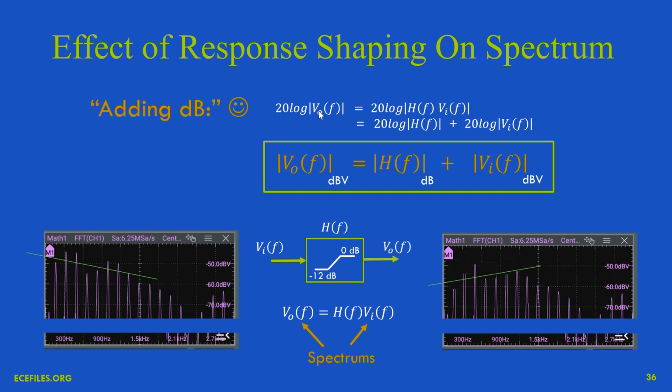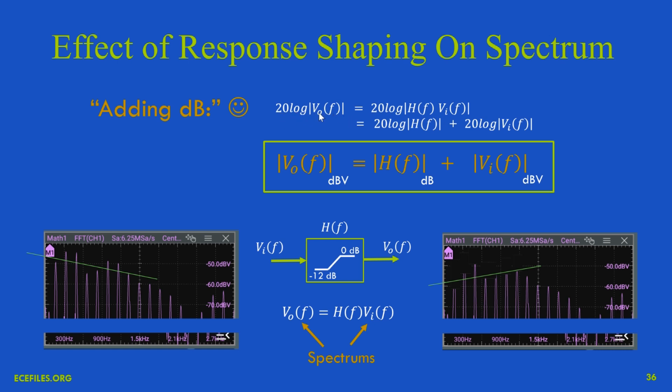Remember that the output spectrum, V out of F, is equal to the transfer function times V in of F. But if we put those things in the dB domain, since they're voltages, we take 20 log of the magnitudes of each one.